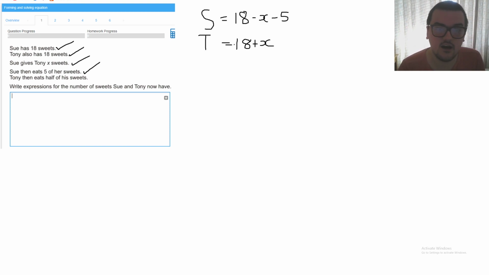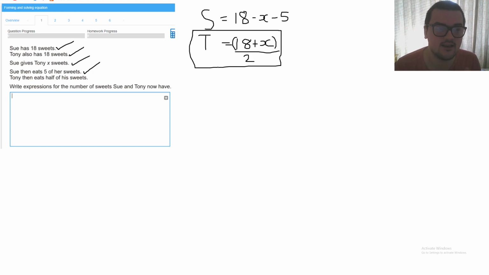Tony then eats half of his sweets, so we can take this amount here and divide it by 2. Let's start trying to simplify these statements. Tony's statement we can basically just leave as it is. That is a good way of expressing how many sweets Tony has.